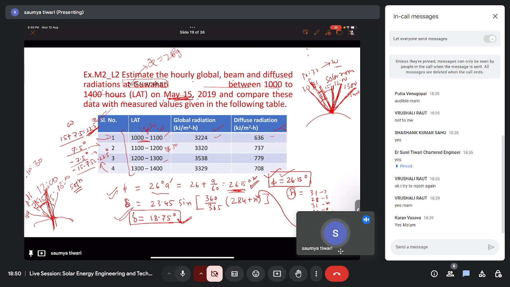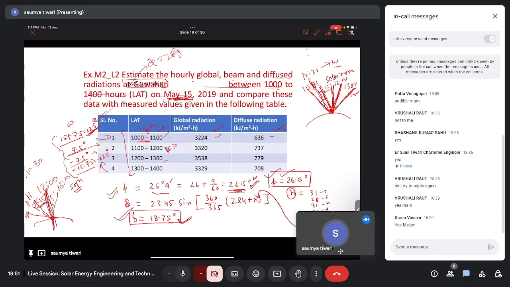For 11 to 12, again 11:30, it will be 15 divided by 2, equal to 7.5. These are positive values because it's forenoon, and afternoon will be negative. So similarly it will be minus 7.5 and minus 22.5. Hope it is clear how to calculate omega if the question is given for a particular duration of time.